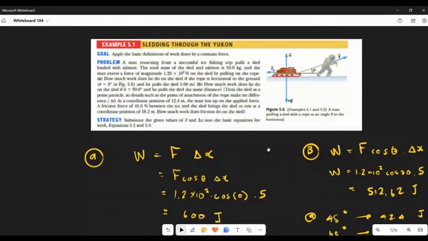At C, at the coordinate position of 12.4, the man lets up the applied force. So what I'm saying is that he pulls it and he lets go. Obviously now the sled starts to move across the ice and then eventually ends off at 18.2 meters. So obviously you have to subtract that too.